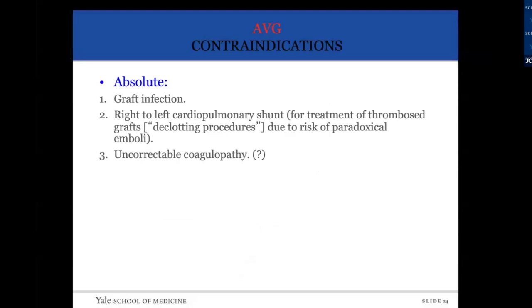So sometimes patients need to have a surgical resection of the graft because it's infected. So just be aware that if you do have a graft and the patient becomes a little bit septic or has some sort of infection, this is the first thing that you need to check, to make sure that you don't get into problems with trying to declot or doing anything related to that.